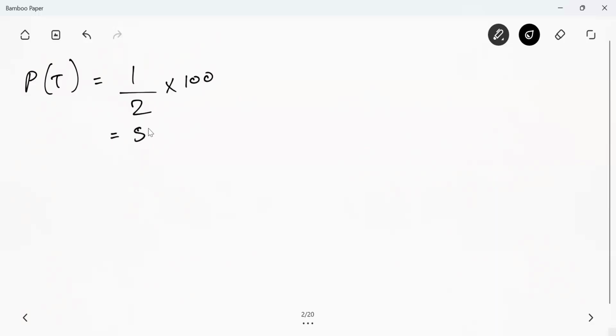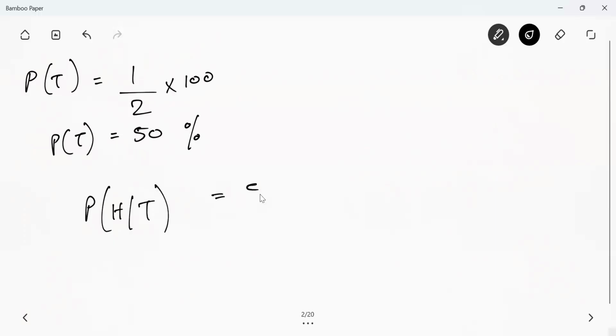So there is also a 50% probability that you will get tails. So on average, the probability of either heads or tails is 50%.